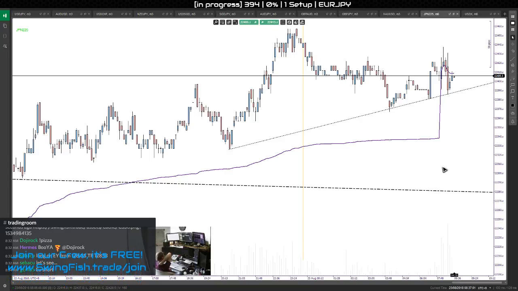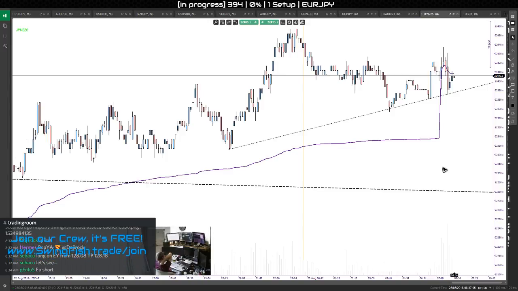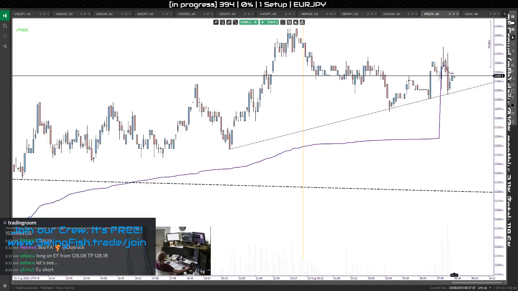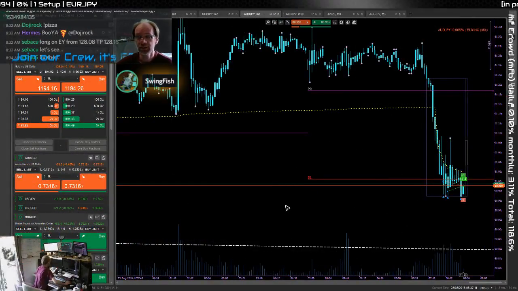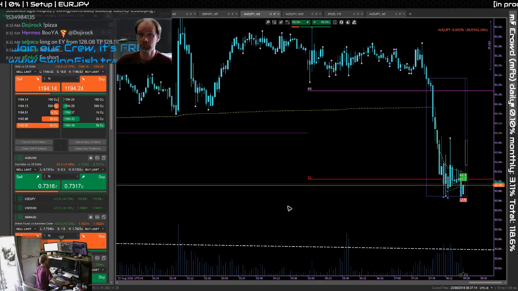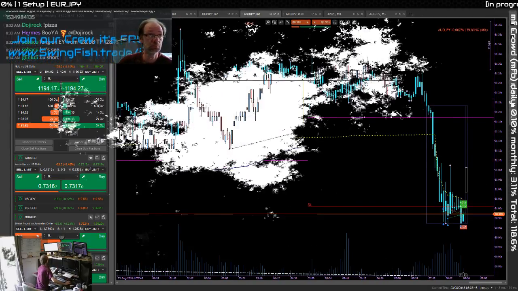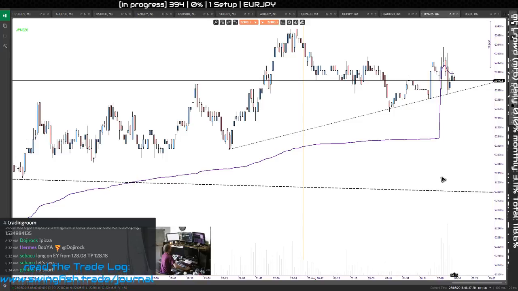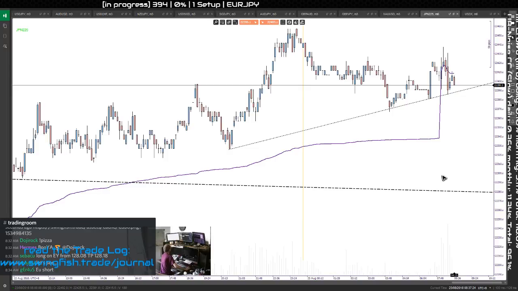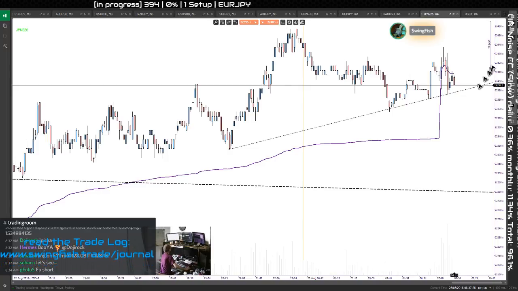Where do you see the support for ASEAN? 8086. Yeah, Nikkei is dropping.